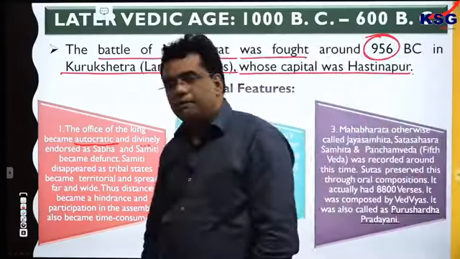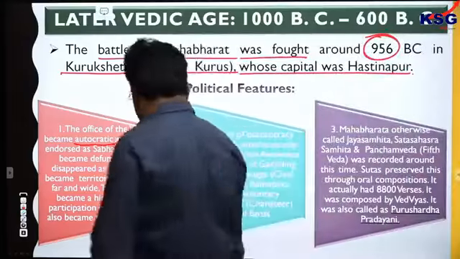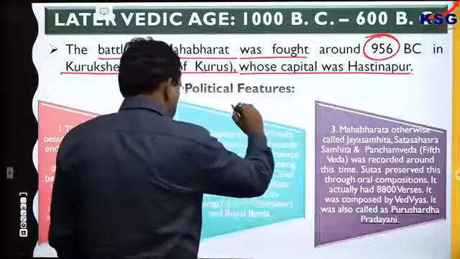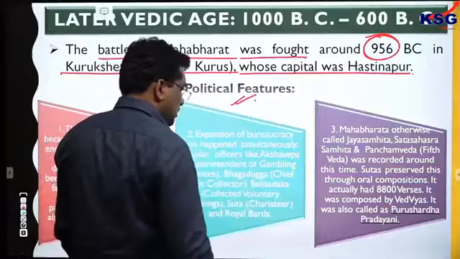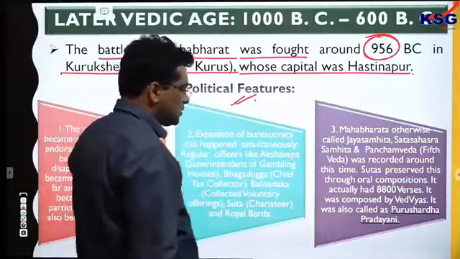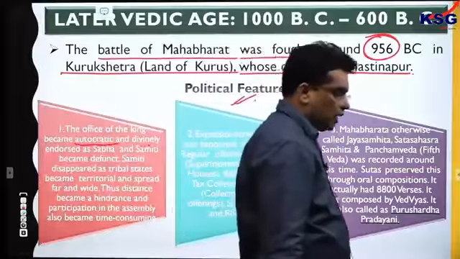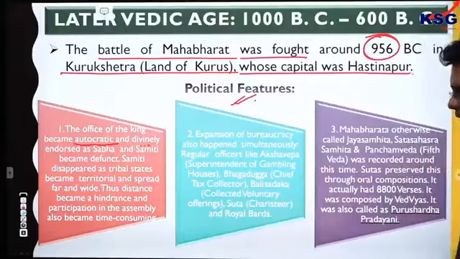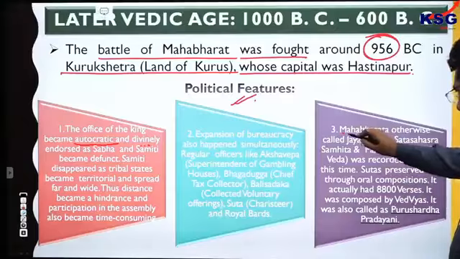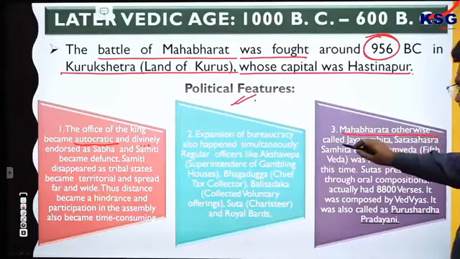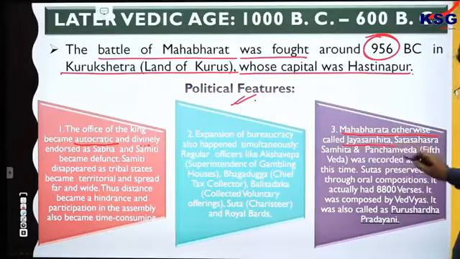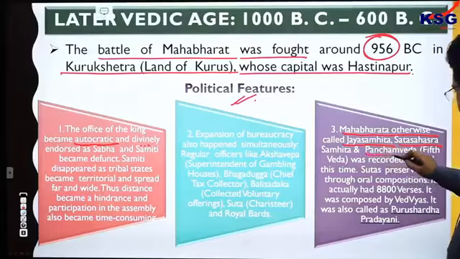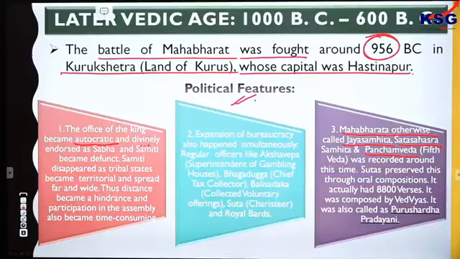So there were 12 ministers in this period helping the king. I will give you this PPT. At the same time the Mahabharata, otherwise called Jai Samhita, Satharsa, Pancham Ved, was perhaps recorded during this time.